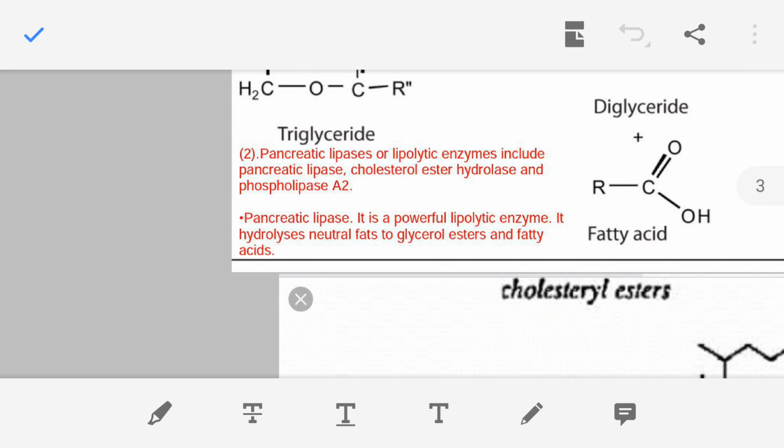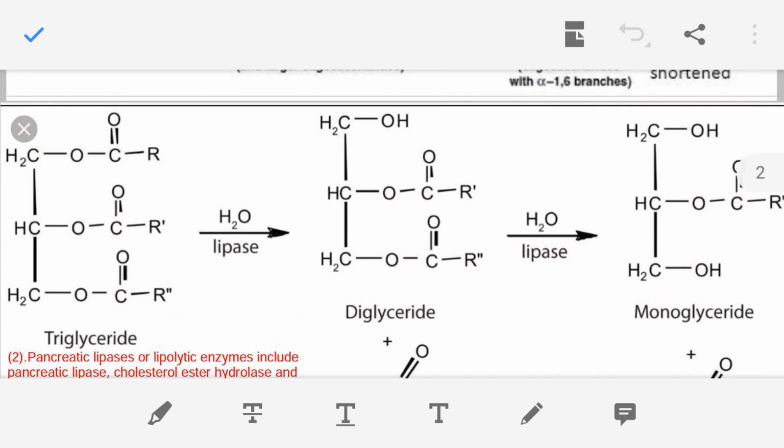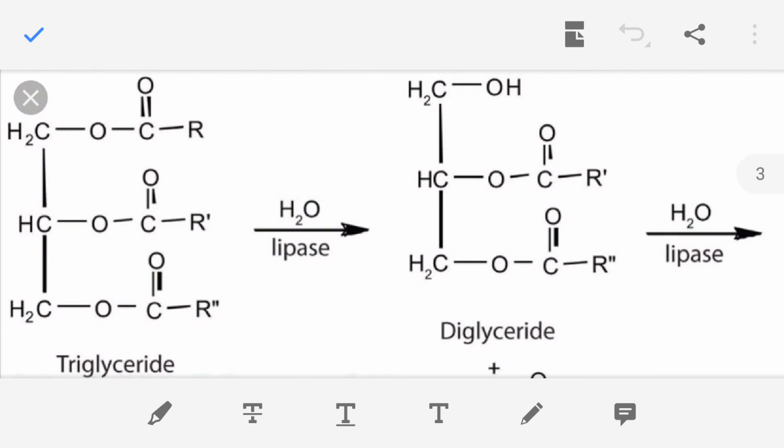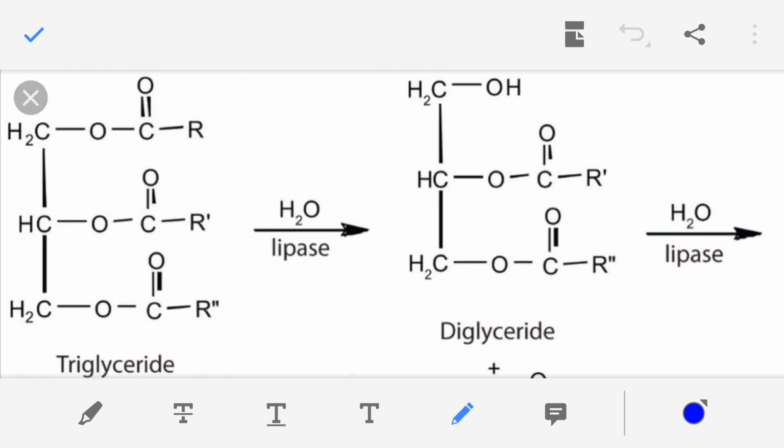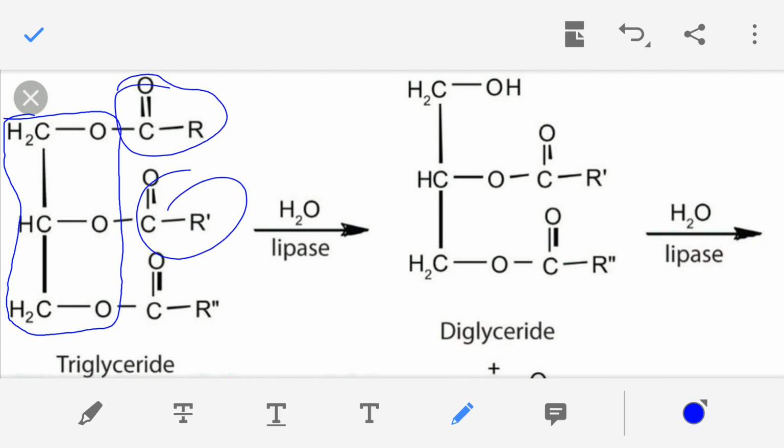Now, here in the figure, this is the structure of triglyceride on the left hand side, and we know in the structure of triglyceride, this is one glycerol molecule, and it is attached with three fatty acids. So these are the three fatty acid molecules, and this bond is the ester bond.